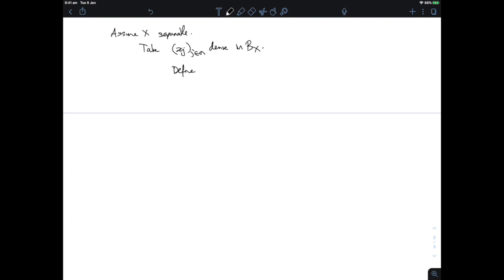I'm going to define the triple norm of X star to be the sum from j equals 0 to infinity of 2 to the minus j times the absolute value of the pairing of X star with x_j. Okay, so that's not too hard to show that this is a norm. You can leave that as an exercise.